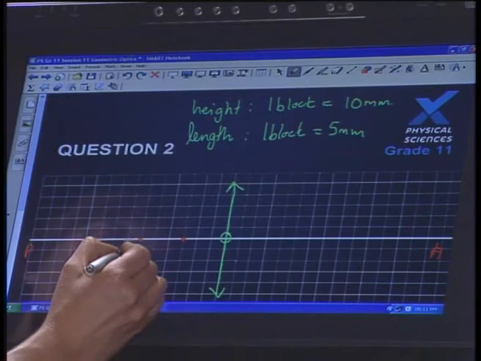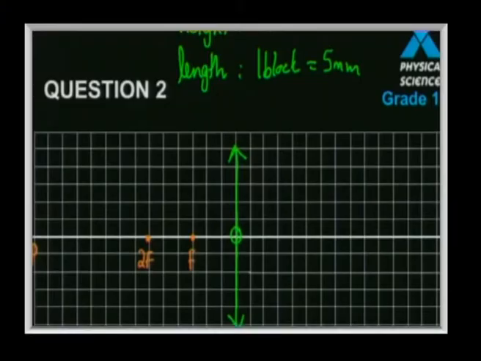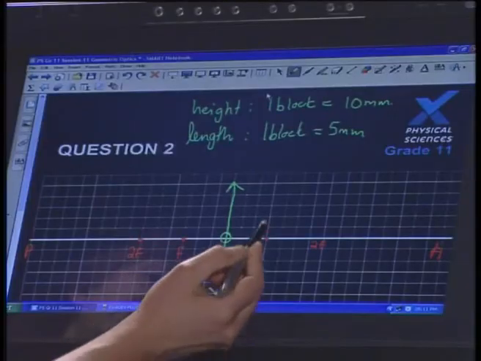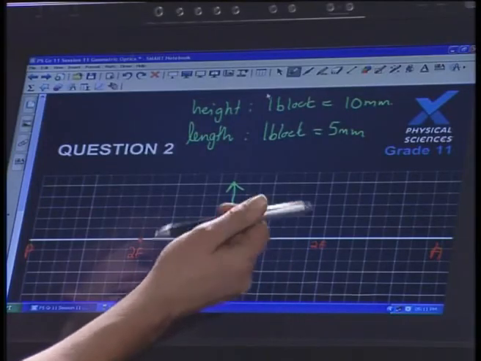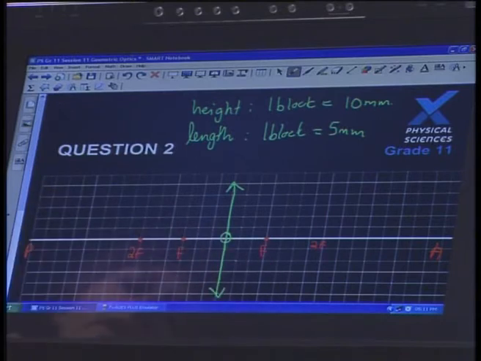So I label that as F and 2F, and the focal points exist on the other side as well. So 1, 2, 3, that is going to be F, and 1, 2, 3, that is going to be 2F, situated over there. It is very important that you indicate them. You would notice that I've done some of them below the line and that one above the line. It doesn't really matter, but for consistency, I'll make sure that I put all of them below the line.